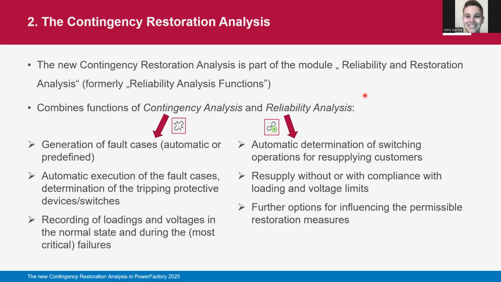So try to really resupply everyone, and I just want to see which constraints have been violated during the process. On the other hand, you can also say, you have to stick to these constraints, so I want to comply with them. And then maybe not all customers can be resupplied because otherwise loading or voltage limits would be violated.